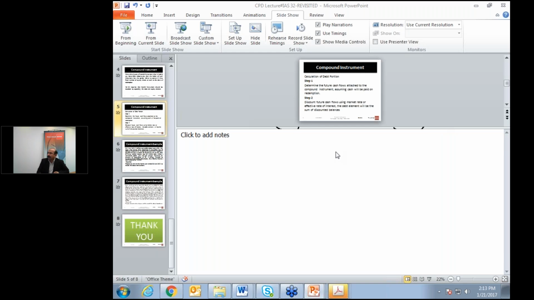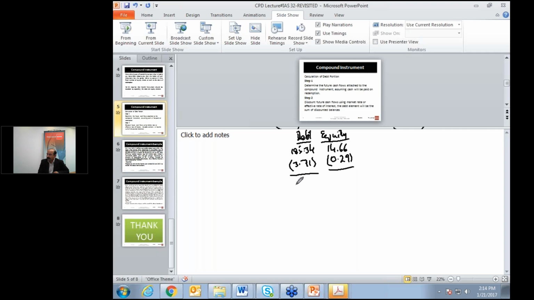If I very quickly write here, for the debt element and for the equity element, this was 185.34 we just calculated, and this was 14.66, and we allocated here 3.71 and here 0.29.